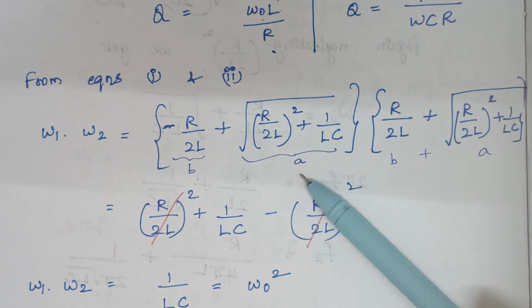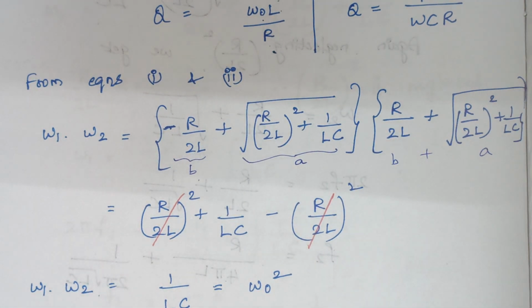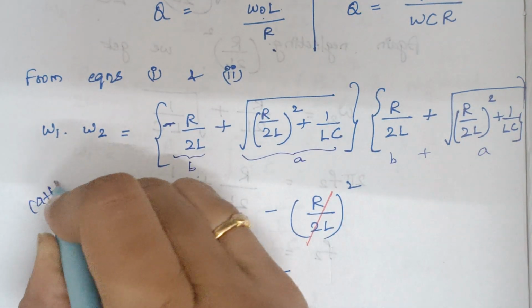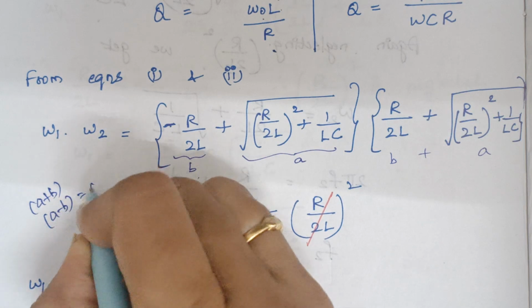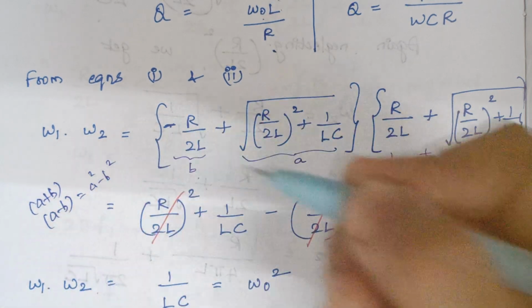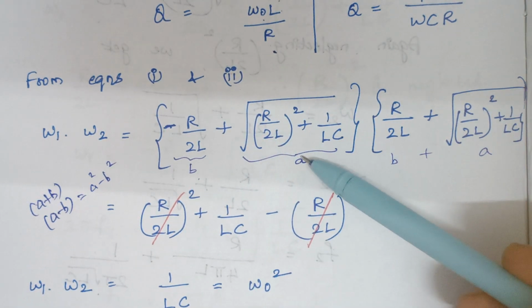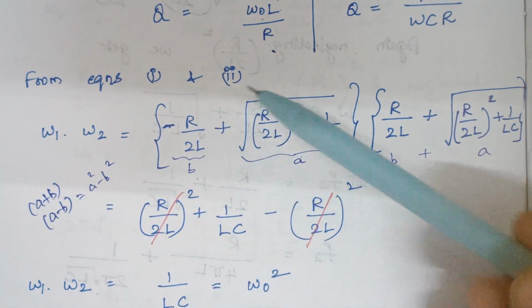So what is the formula? A plus B into A minus B is nothing but A square minus B square, right? So this is your A, when you square it, A square minus B square.